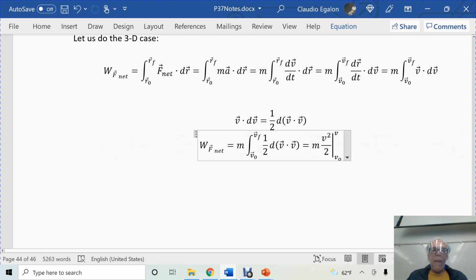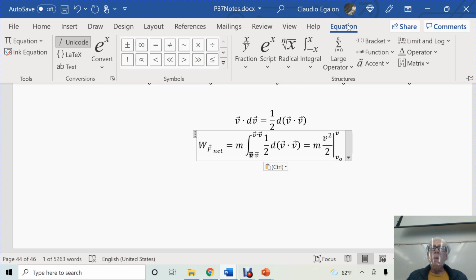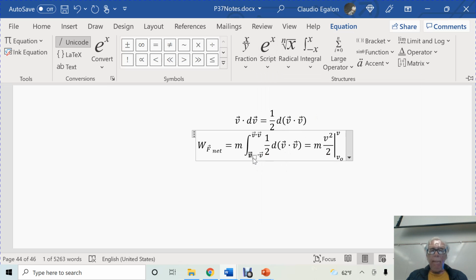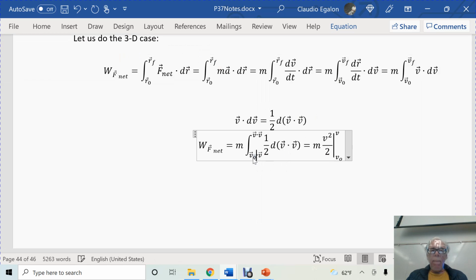Since we have now a total derivative term, we have to change again the integration limits here, right? I'm gonna put V naught dot V naught here, VF dot VF here. Makes sense?